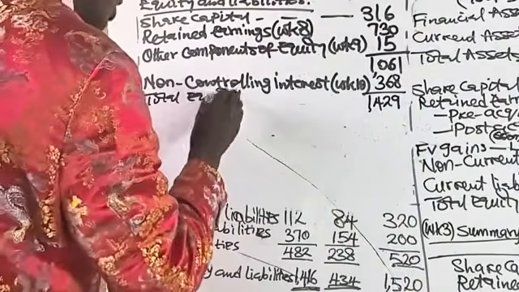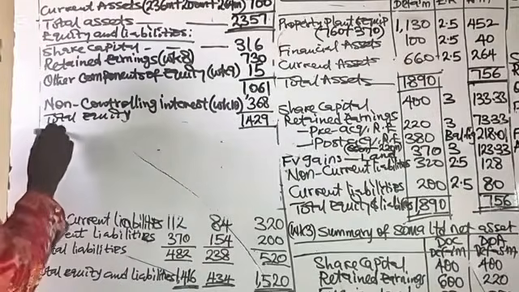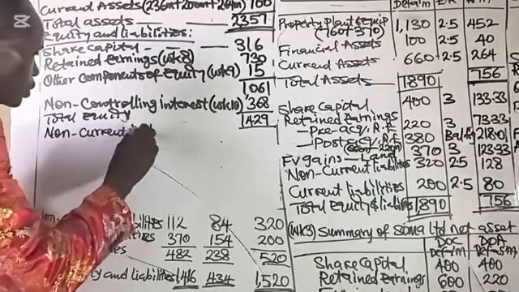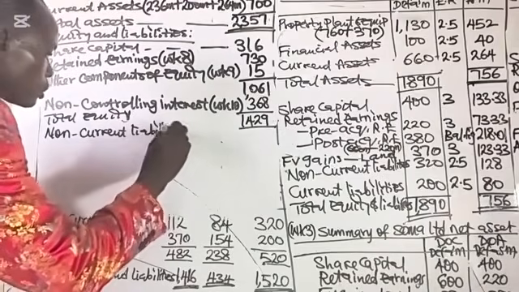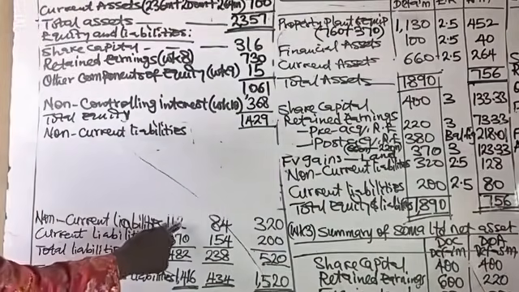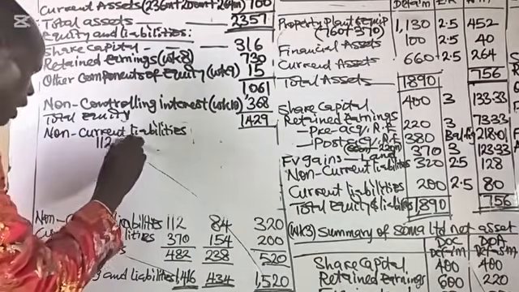After total equity, we have non-current liabilities. For Rapuya and Puta we have 112 million plus 84 million.